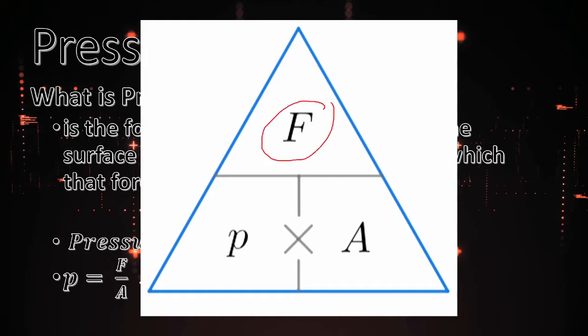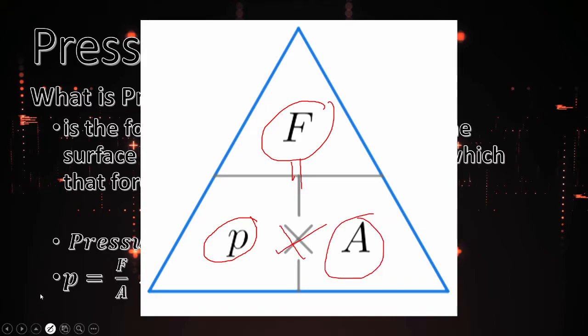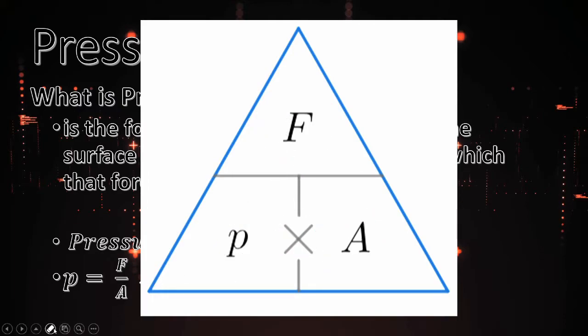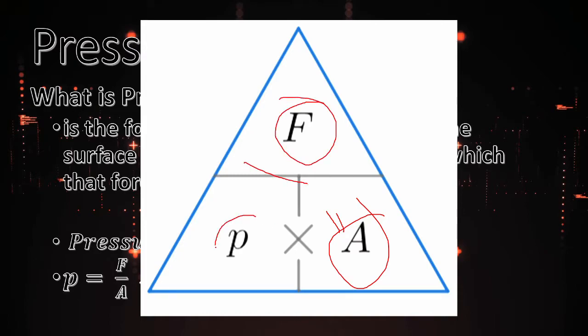So for force, it will be equal to pressure times area. Okay? So what if you're going to find area? Same thing. Area equals, this time, force divided by pressure. Okay?